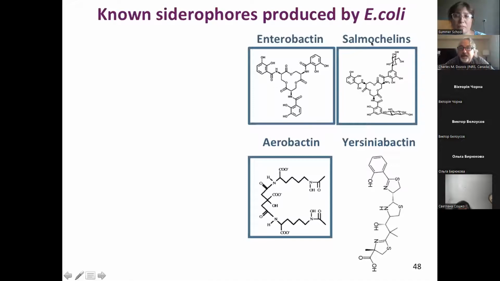What you can see is salmochelins are nearly identical. However, they're glycosylated. So Salmonella and some E. coli that have these salmochelin genes have modified the base enterobactin synthesis pathway to alter this molecule and make it glycosylated.